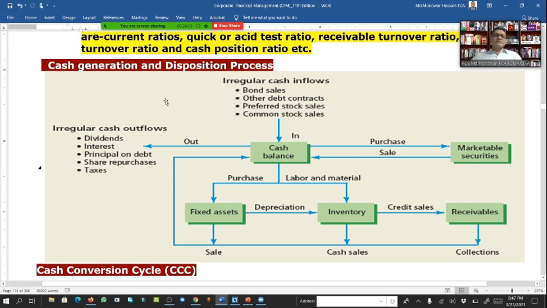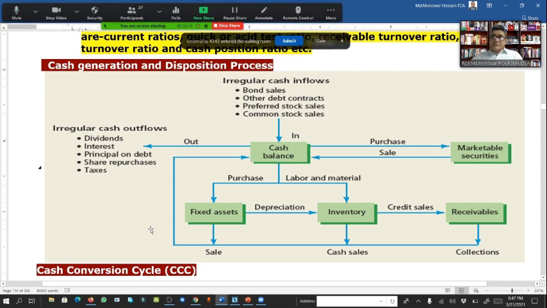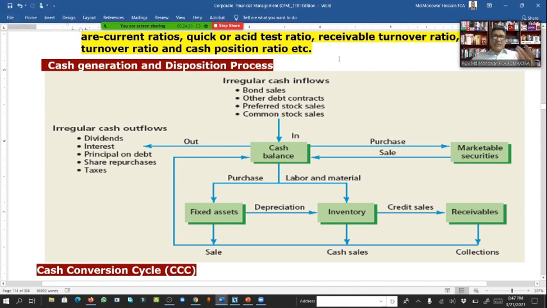Irregular outflow means dividend, which may or may not happen. If there is profit, then the dividend is a yearly one-time payment. And also interest: for example, if we borrow money from the bank, we have to pay the interest, and that can be quarterly, installment-based or yearly, etc. And also share repurchase, though it is not allowed in Bangladesh, where a company cannot buy its own share.